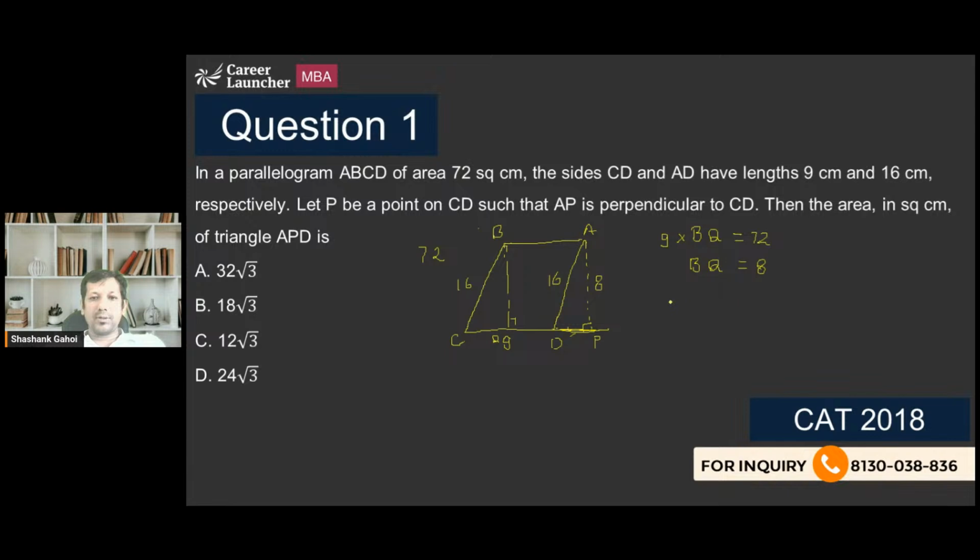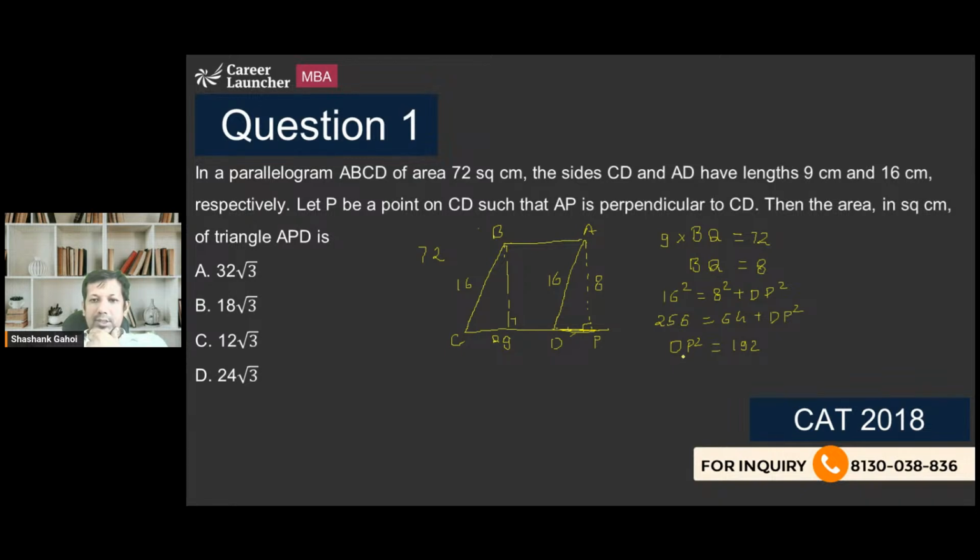By using the Pythagoras theorem. So 16 square is equal to 8 square plus DP square. So from here, 16 square is 256, plus 8 square is 64, plus DP square. So that will give me DP square is 192, and that is equal to 24 into 8, or 16 into 12.